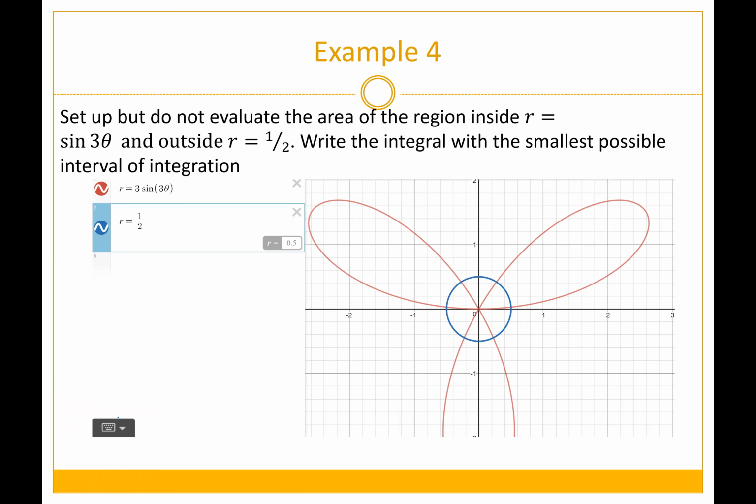So here, set up but do not evaluate the area of a region inside this curve and outside of that. So here we have the area inside curve R but outside of that.